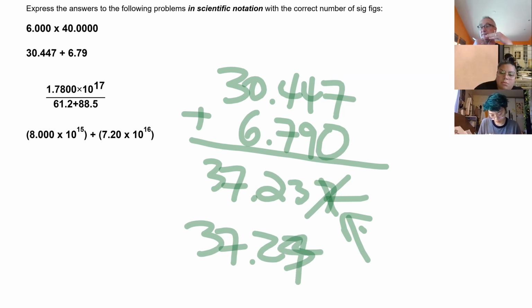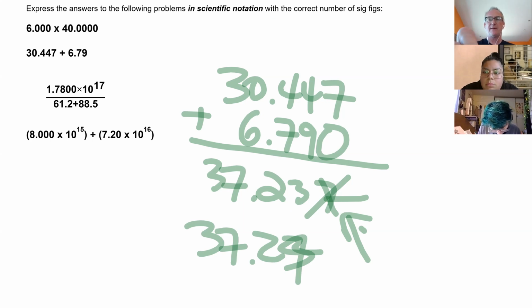So when you're adding numbers, it's the number of digits past the decimal place that matters. If I have a really, really big number with a lot of trailing zeros and I'm adding a very small but precise number to it, it doesn't really matter.